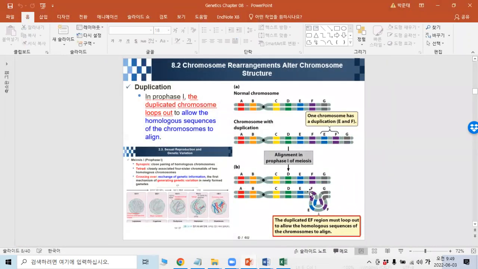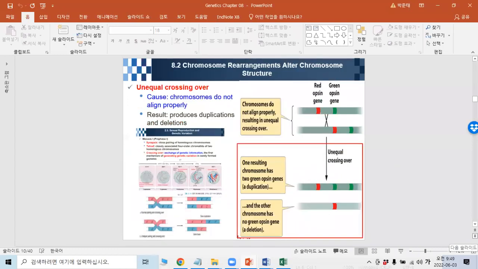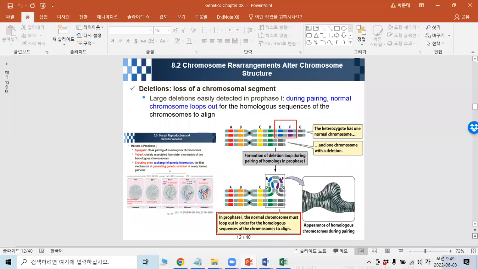When duplication happens, they will make this kind of structure. And when deletion happens, they will make this kind of loop.